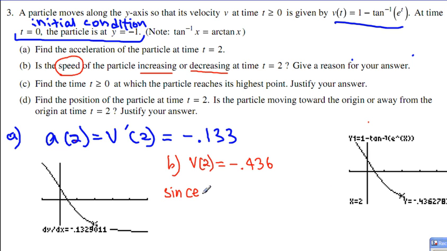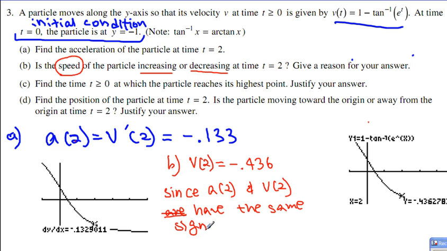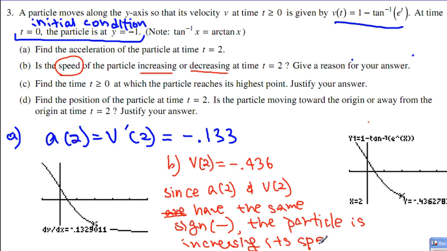Reasoning can be: since a sub 2 and v sub 2 have the same sign, meaning both of them are negative, the particle is increasing its speed. All right, so we can write something similar to that.